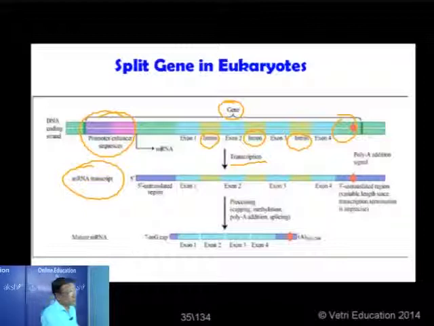Now it undergoes the process of splicing, capping and then polyadenylation. We'll have it later. All these events together are called the processing of mRNA. One event is splicing, the removal of unwanted segments. Another one is capping, where something is added to the front end. And the third one is the adenylation process, the tailing process we can say.